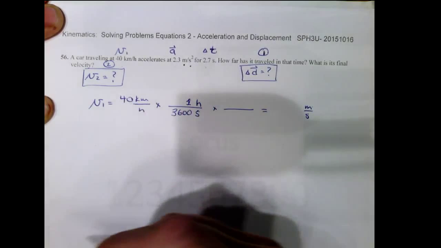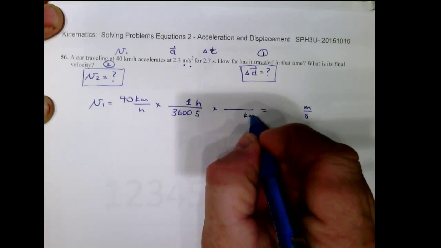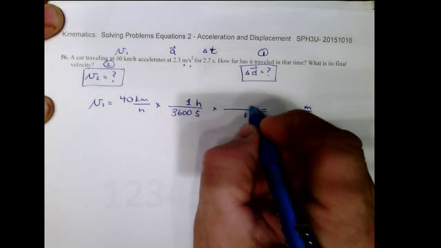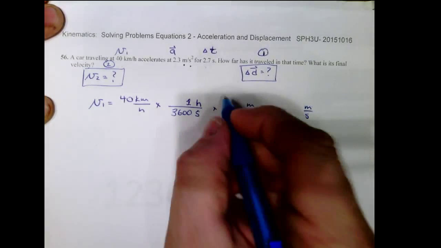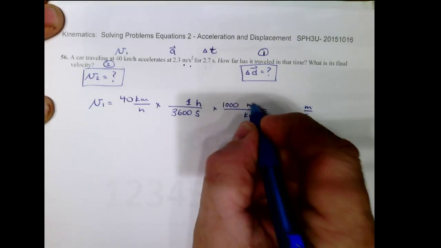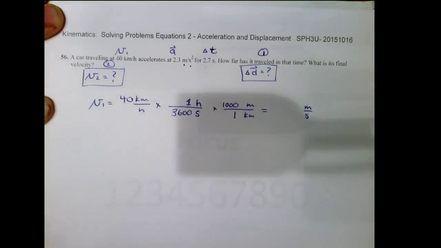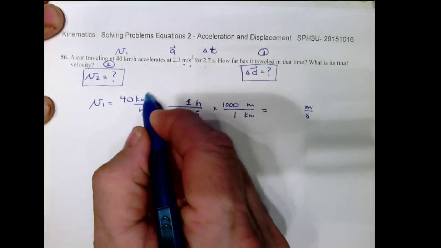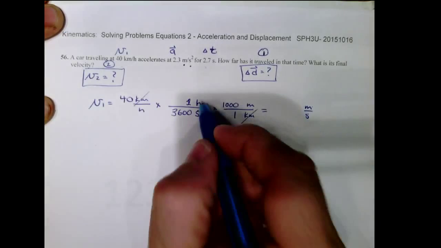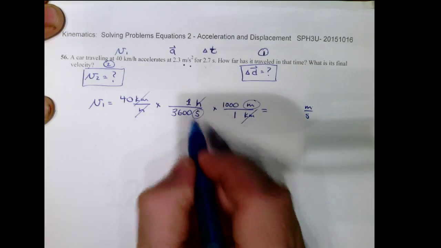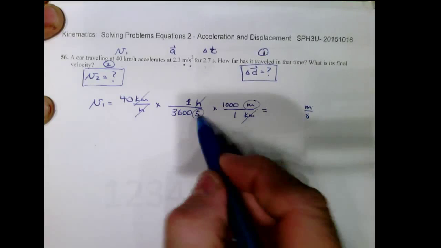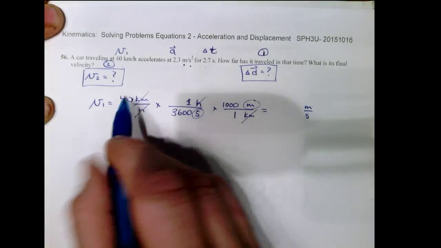Next, I want to get rid of the kilometers. So I need kilometers in the denominator. I want to have meters in the numerator. So the conversion of meters divided by kilometers would be 1,000 meters is the same as 1 kilometer. Now the kilometers cancel out, the hours cancel out, and I'm left with the units I was looking for, meters divided by seconds. Now it's just a question of doing the math.